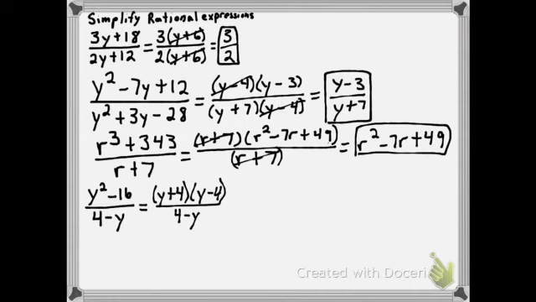Now, as you look at that, you may notice that the y minus 4 and the 4 minus y are very similar. They have the same terms, but if you look closely, you'll notice that on the top, the y is negative, and on the bottom, the y is positive. On the bottom, the y is negative, and on the top, the y is positive.